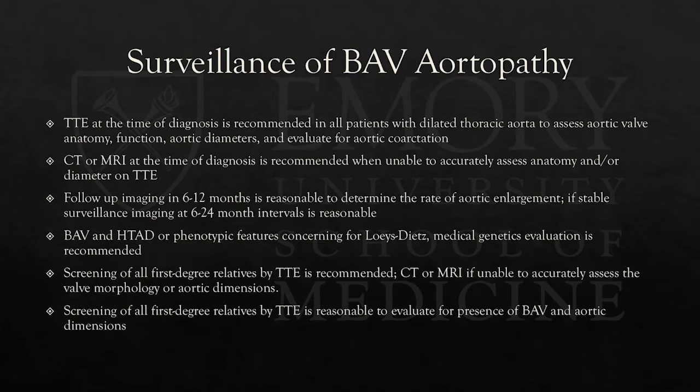They call us over the phone. They say, hey, this patient came in with chest pain or shortness of breath, and we did a CT scan in the ER. He's got an ascending aorta of 4.6 centimeters.